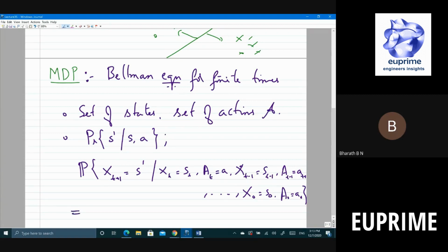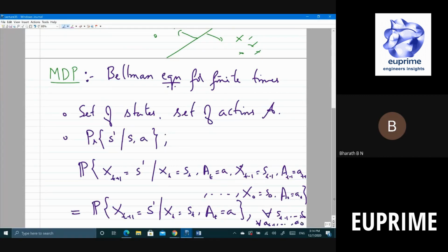But if it is Markovian, this turns out to be simply x t plus 1 being in state S dash. The probability of that only depends on the current state and the current action. Nothing else. So this is regardless of what happened before, regardless of s t minus 1 etc., and for every action that you took before, it doesn't matter what happened.